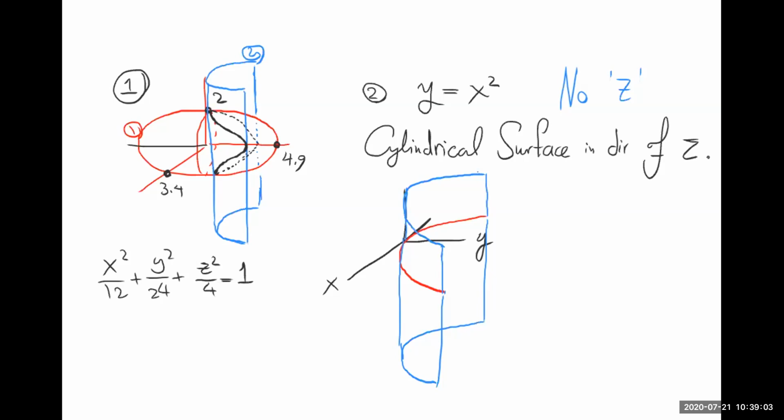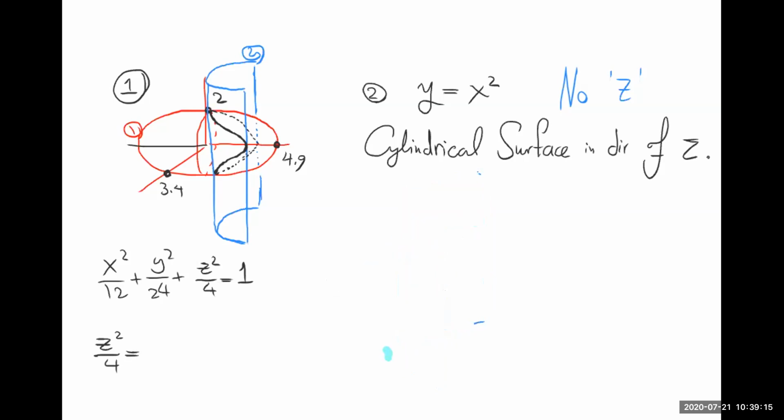So z squared over 4 is equal to, I would erase this surface because we already have it in the other graph. Okay, so z squared over 4 would be 1 minus x squared over 12 minus y squared over 24.